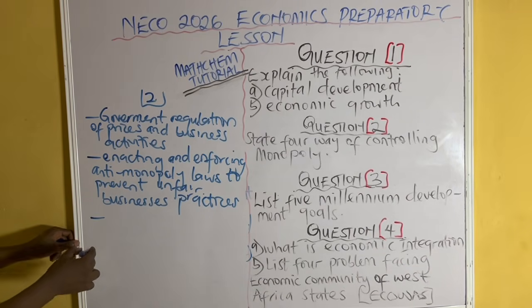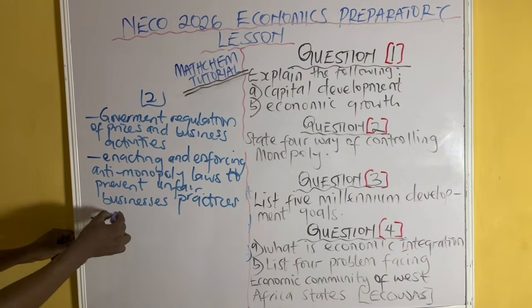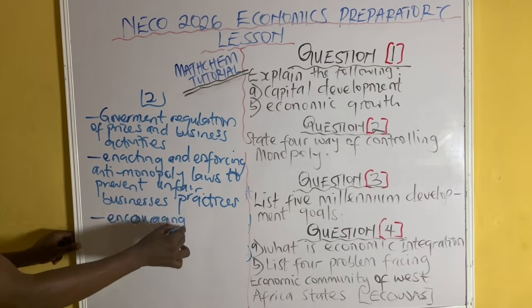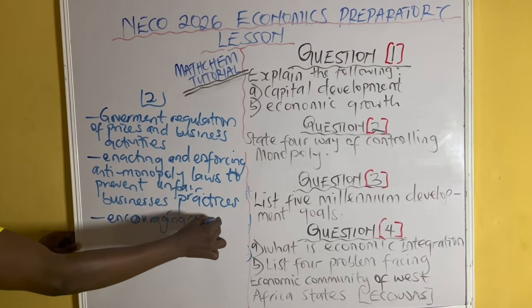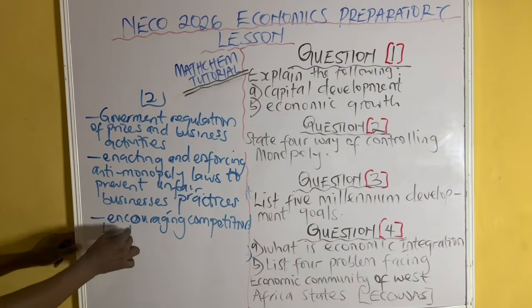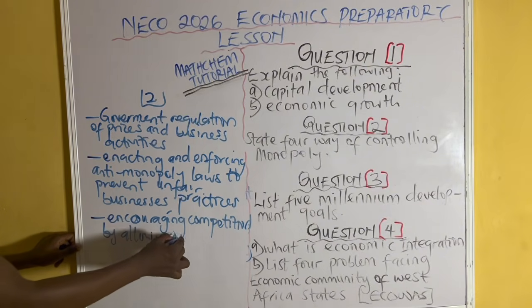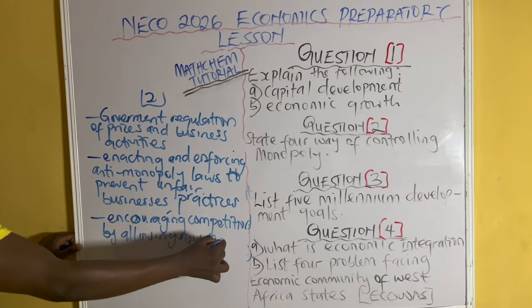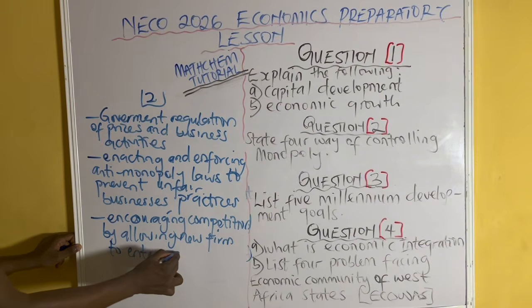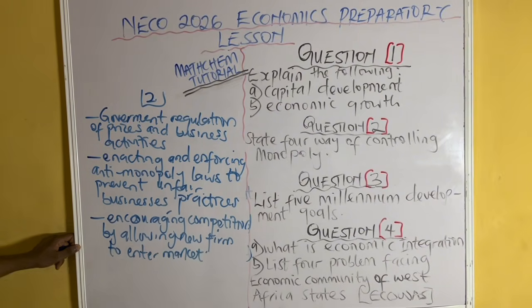Then another one is that there should be encouragement of competition, by allowing new firms to enter markets. When they say firm, I believe economics students should know what a firm is. So this is also part of the ways of controlling monopoly.